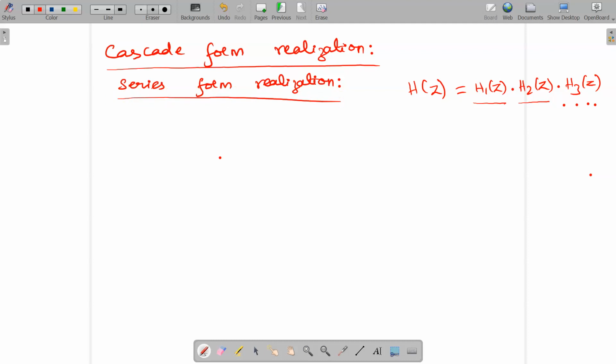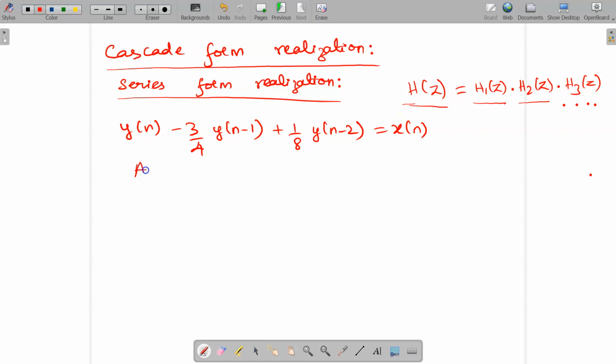For that, first let us consider the given equation: y of n minus 3 by 4 y of n minus 1 plus 1 by 8 y of n minus 2 is equal to x of n. To obtain the transfer function H of z, we first apply the z transform.